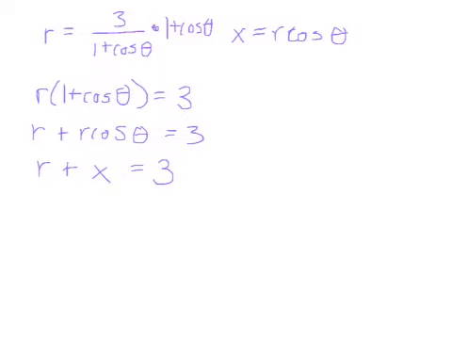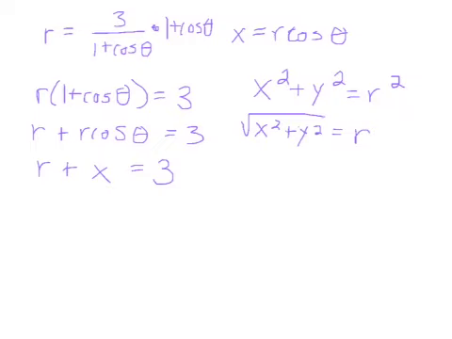So this is getting pretty close to having a rectangular equation, but we still have that r there. We know that x squared plus y squared equals r squared. So do you know what we can replace r with? If you said the square root of x squared plus y squared, then you are correct.